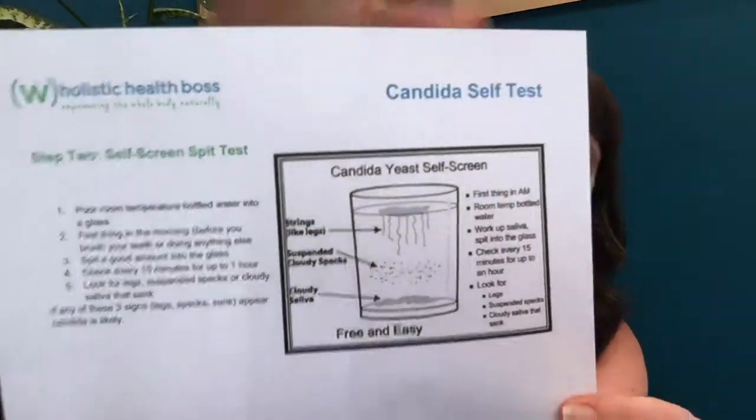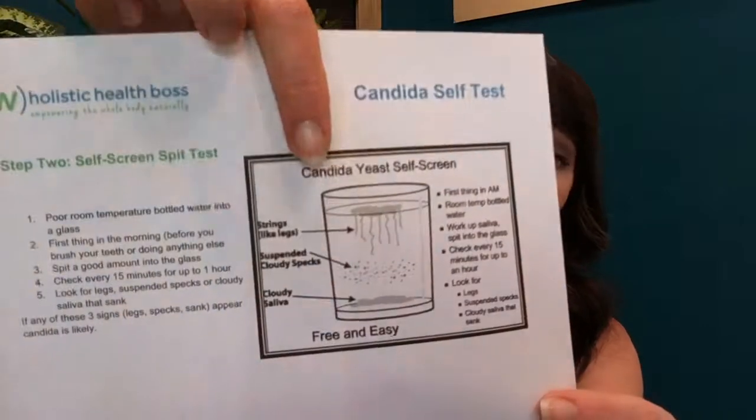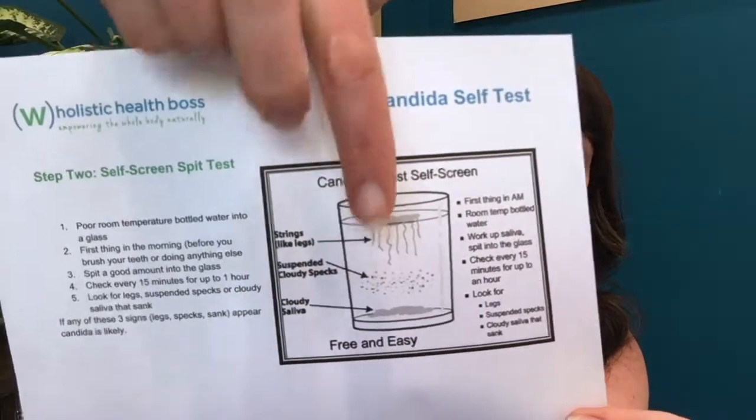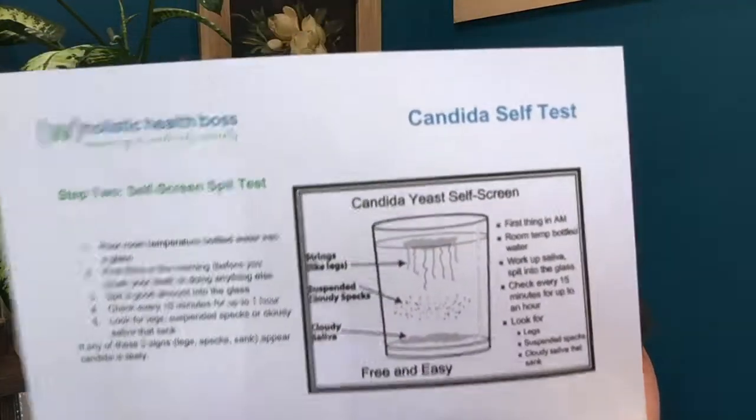So again, first thing in the morning, before you brush your teeth, pour a room temperature bottle of water into a glass. Then you're gonna work up a lot of saliva in your mouth, you're gonna spit into the glass, and you're gonna check it every 15 minutes for an hour looking for these things. Anything that has stringy legs, any floating particles, and any cloudy saliva that might be down at the bottom. Any of those things would be an indication of Candida overgrowth.